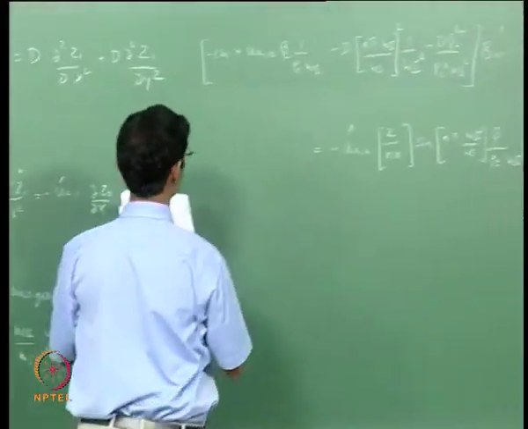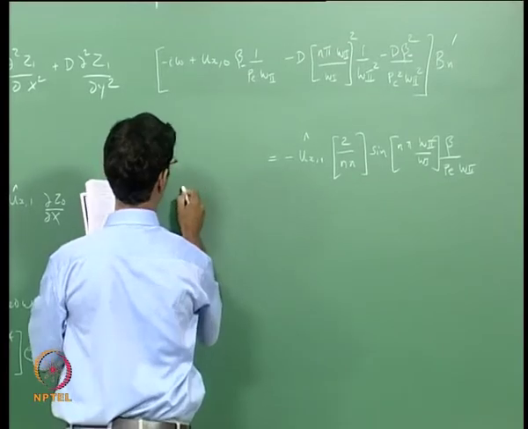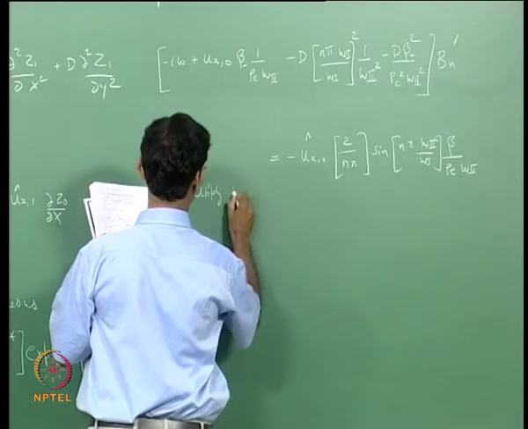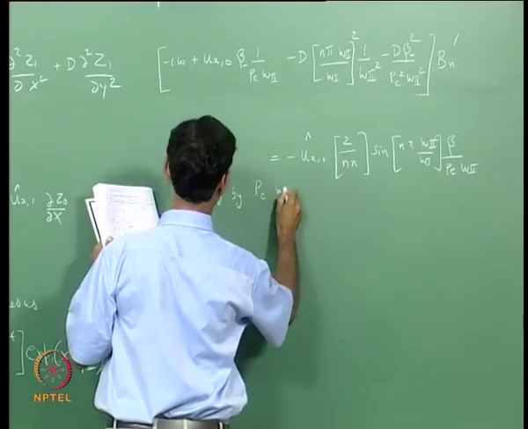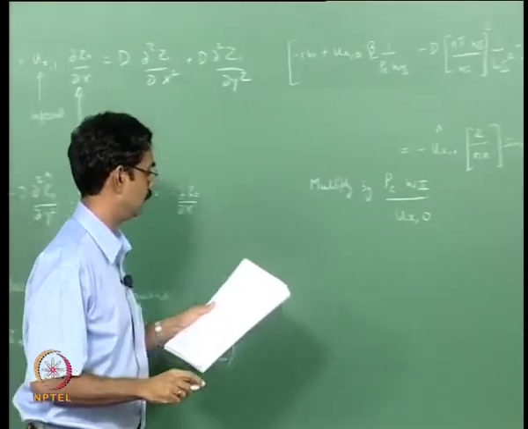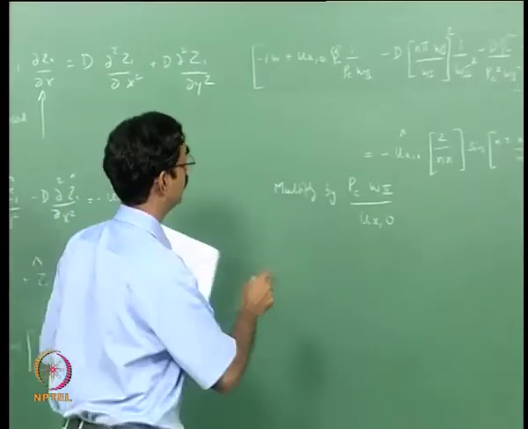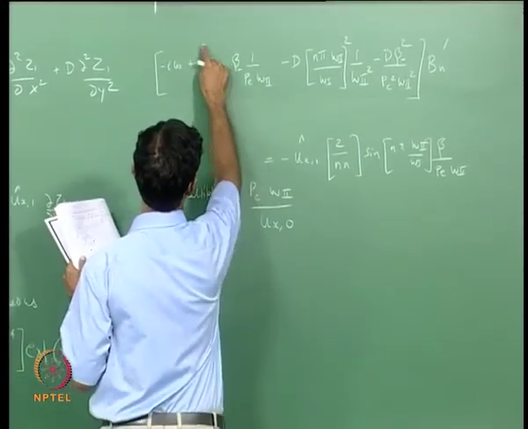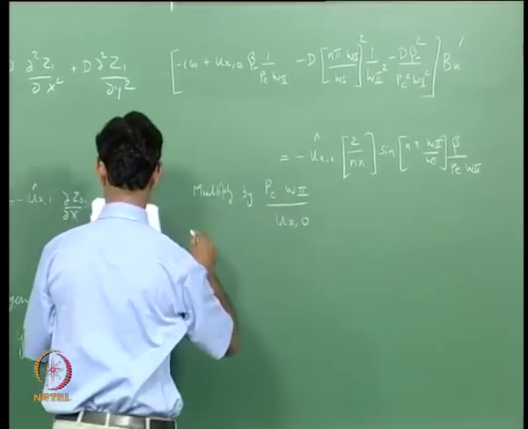So now we just need to multiply this expression by W2 by Ux naught. That will simplify things. That is this term we just take out.